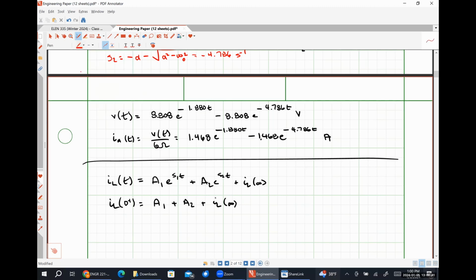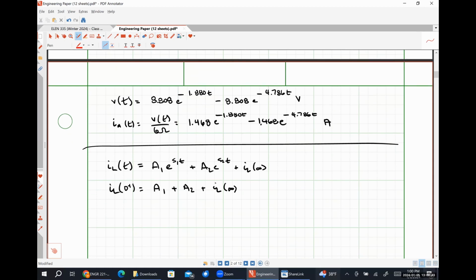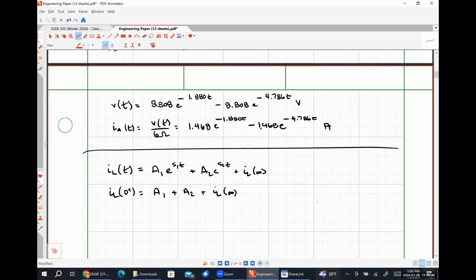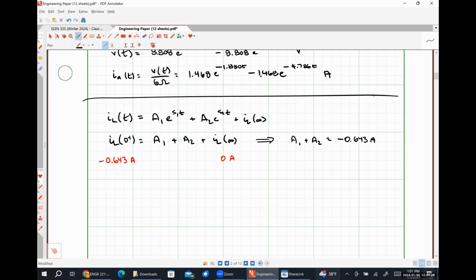IL at 0 plus was negative 0.643 amps. IL at infinity was 0 amps. And so from this, our first equation is going to be A1 plus A2 is equal to negative 0.643 amperes.